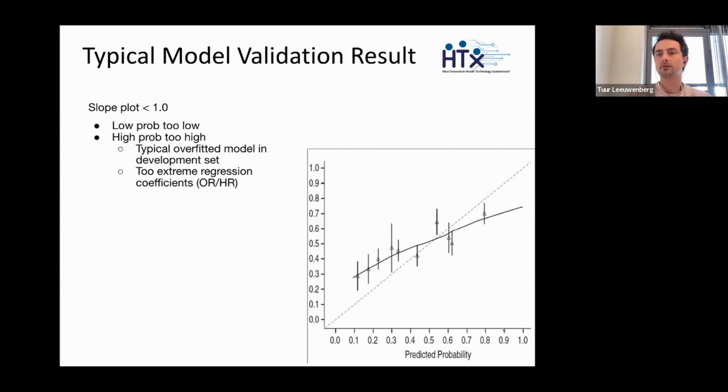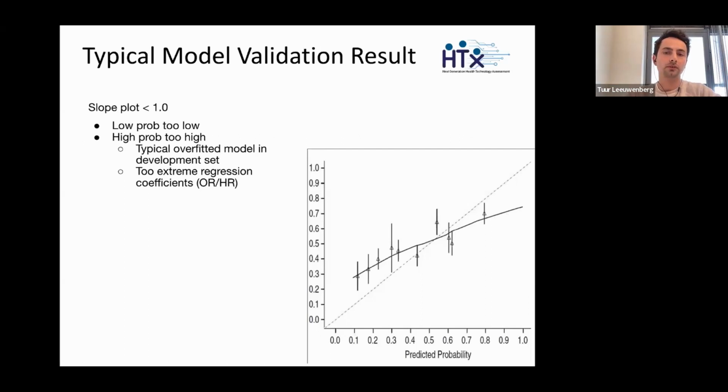But at the same time, for high risk patients, if the model predicts 0.9, then the observed probability is 0.7. So the model can predict too high probabilities for the high risk patients and too low probabilities for the low risk patients. These are problems that you can detect when you validate the model.